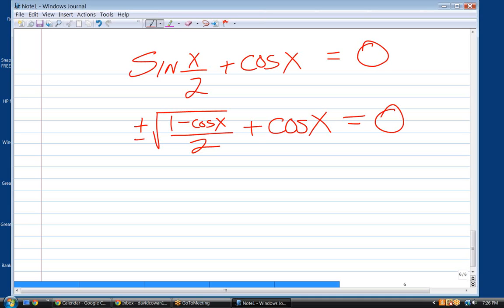The way I see a solution coming is to square both sides and then treat it as a quadratic. Now let's see what happens when we do that. We're going to want to make sure we check our answers because this plus or minus bothers me a little bit. So first of all, let's take this to the other side.